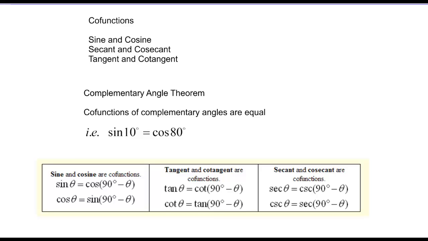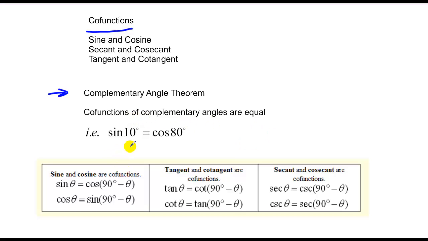So let's talk about another set of definitions. I'm going to talk about something called cofunctions. And by definition, the values of sine and cosine, secant, cosecant, tangent, and cotangent are all called cofunctions. And there's a complementary angle theorem that states cofunctions of complementary angles are equal.